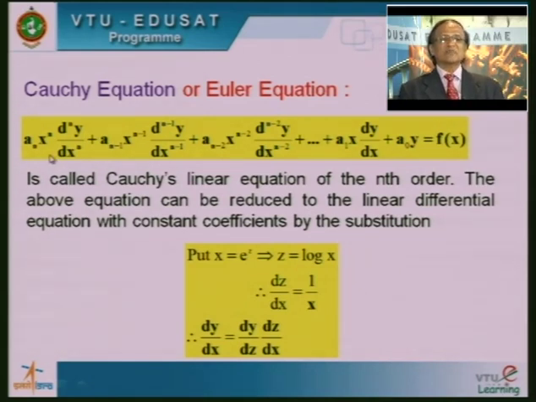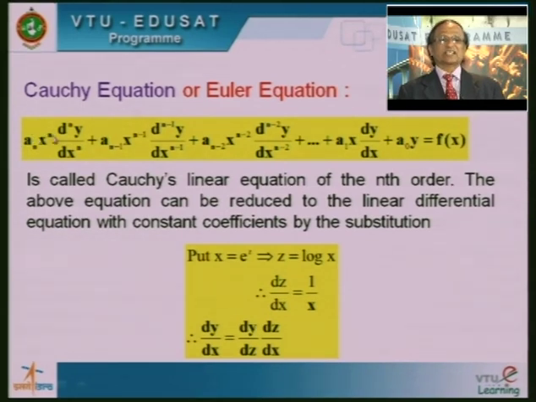As I have mentioned, it is difficult to solve a linear differential equation with variable coefficients except the Cauchy linear equation. Why can this type of equation be solved very easily? Because we are already familiar with linear differential equations with constant coefficients. But here all the coefficients are variables and this equation is called a Cauchy linear equation.